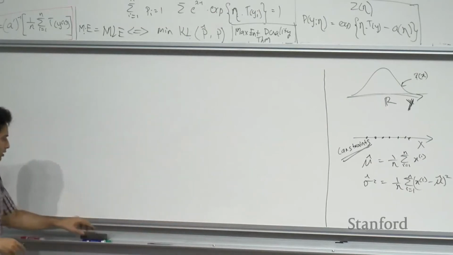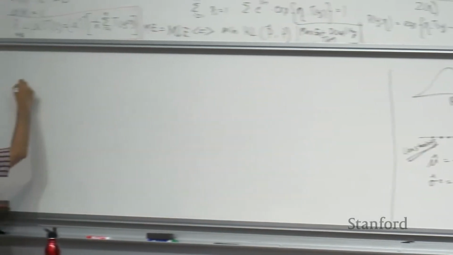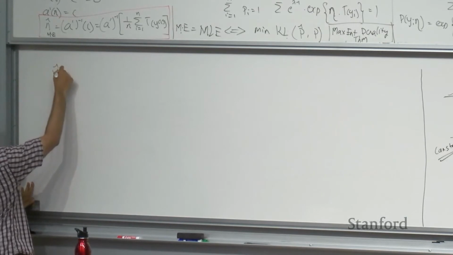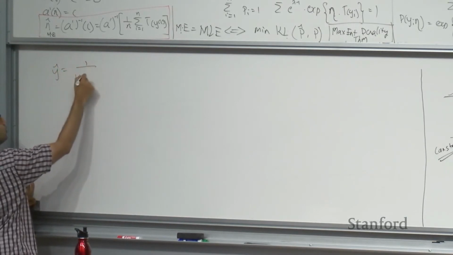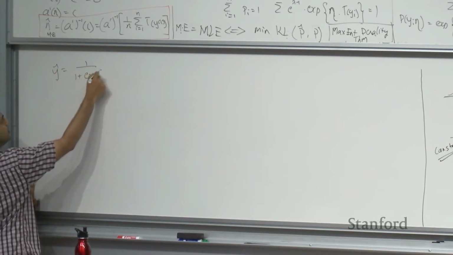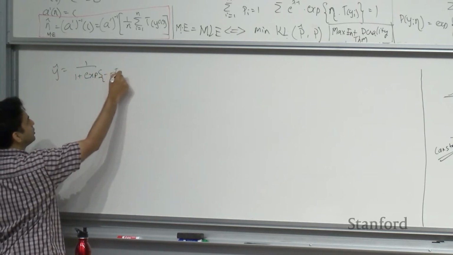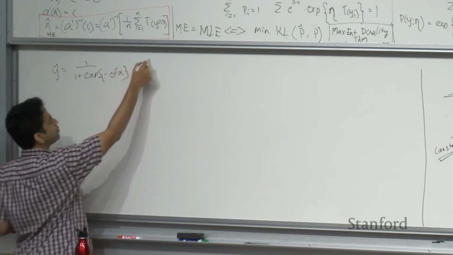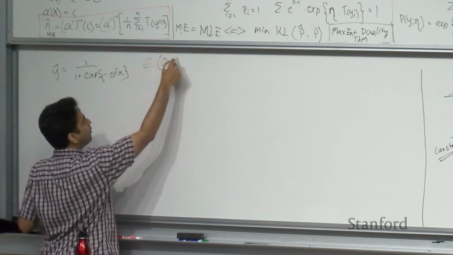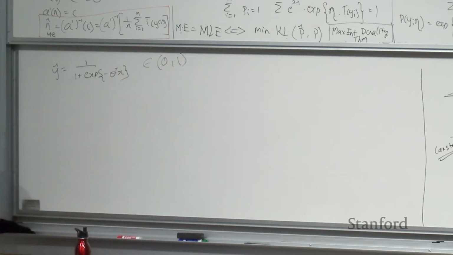We called that y hat equals 1 over 1 plus exponent of minus theta transpose x. This superficially looks like a probability, because it's a value between 0 and 1.